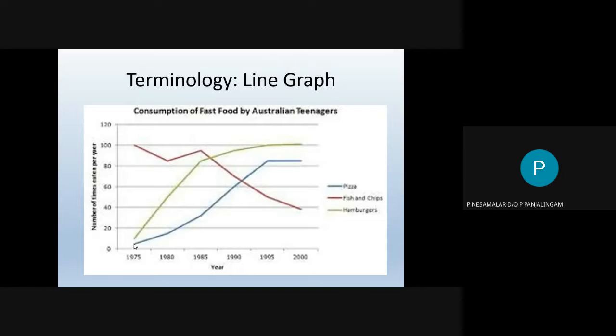So at the beginning of the period in 1975, hamburgers were eaten fewer than 10 times by Australian teenagers, and that increased drastically up to nearly 1985, then increased more slowly, and then leveled off.